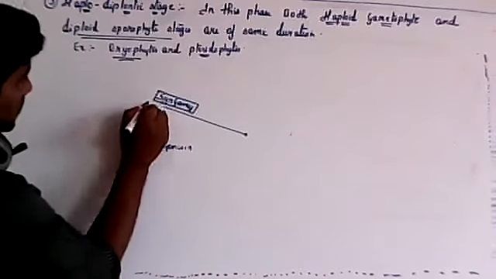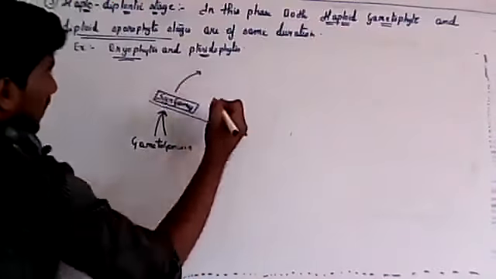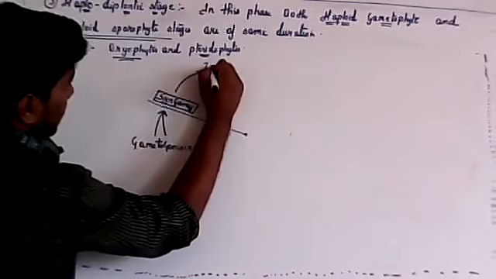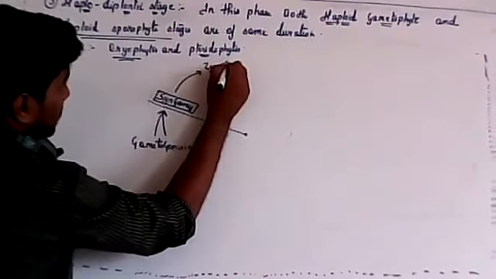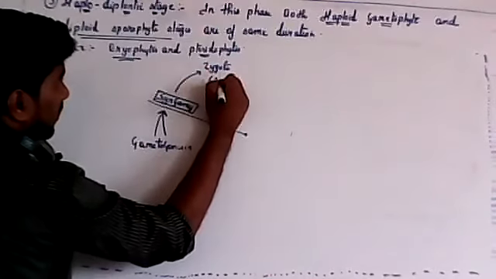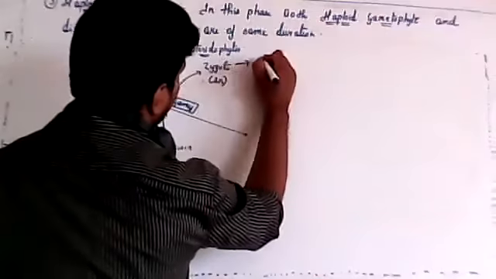After syngamy there is formation of the zygote. After fusion of the male and female gamete there is formation of a zygote, which is diploid, 2n. After formation of the zygote, it will form a sporophyte.